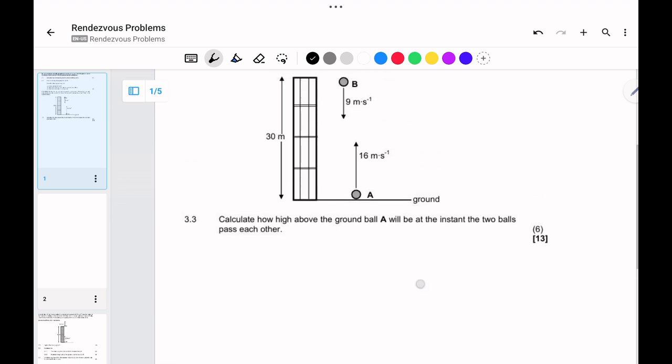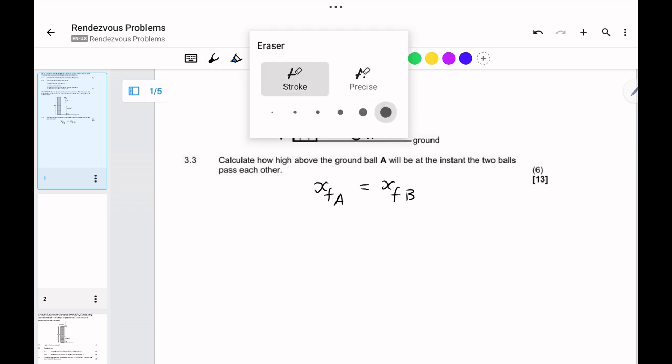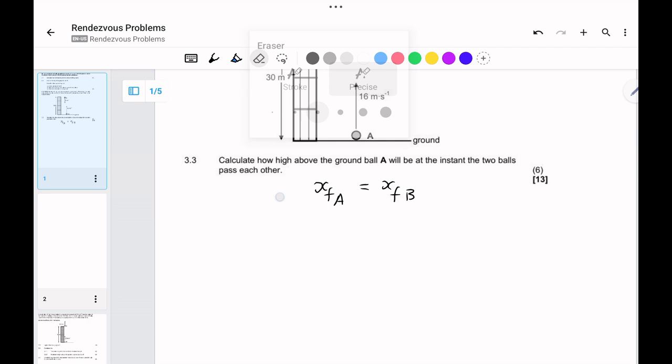So I have two objects, A and B, or they're called A and B in this problem, and I'm going to say that A meets B. That is to say that the final position of A is the same as the final position of B. Okay, so that's a fairly simple thing to say, but what does it mean?